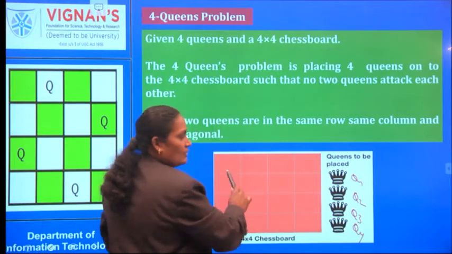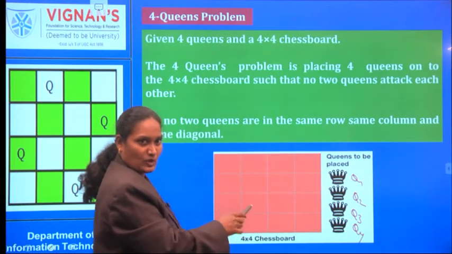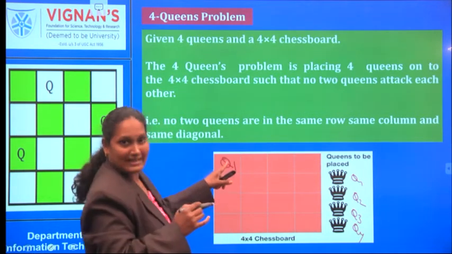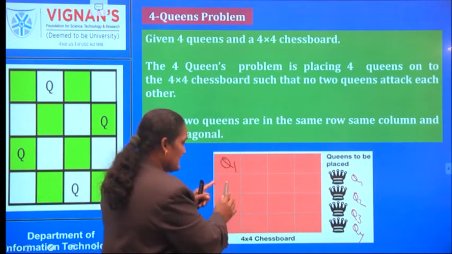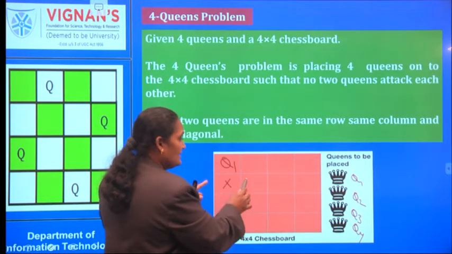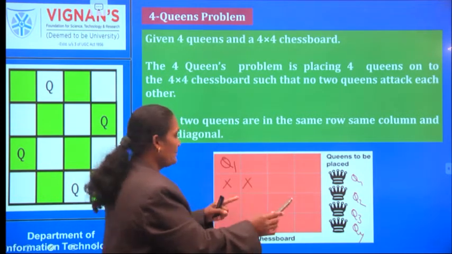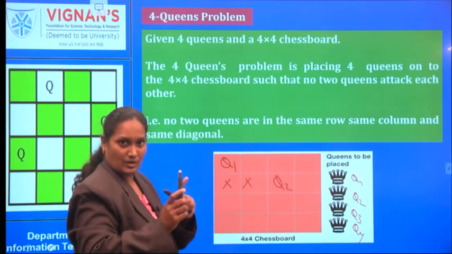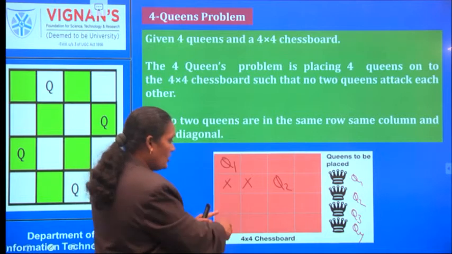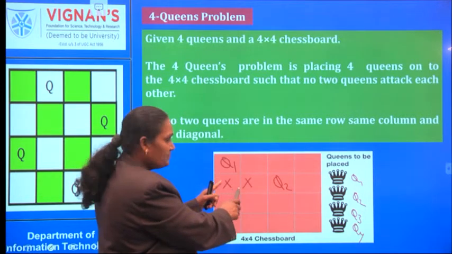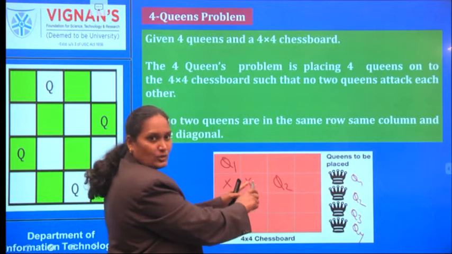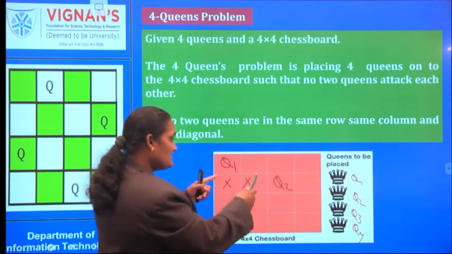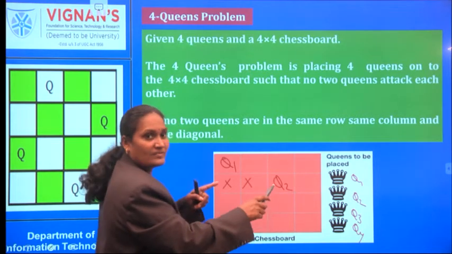We need to place all these queens onto the chessboard such that, for example, if we place queen 1 at this place, we cannot place queen 2 in the same row. No two queens are on the same row, same column and same diagonal. In this column, queen 2 cannot be present, and in this diagonal, queen 2 cannot be present. That is, we can place queen 2 here. Next, we can find a place for queen 3.